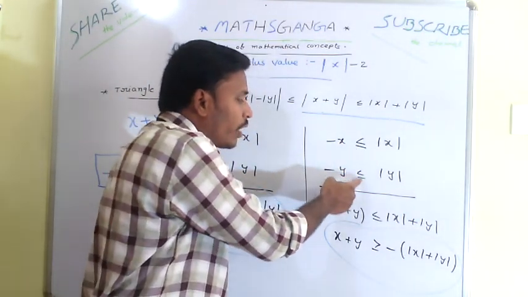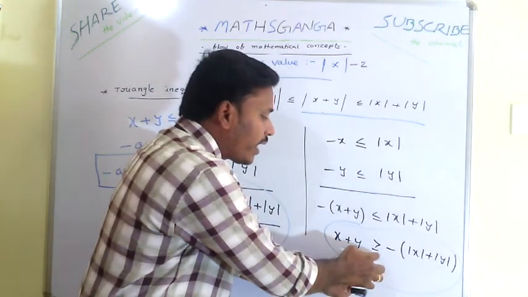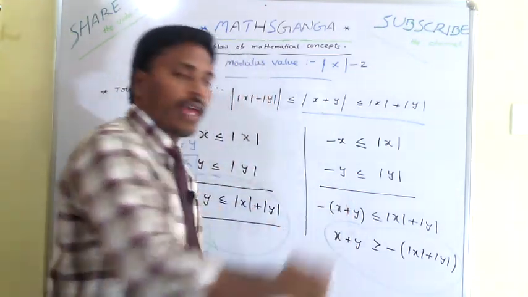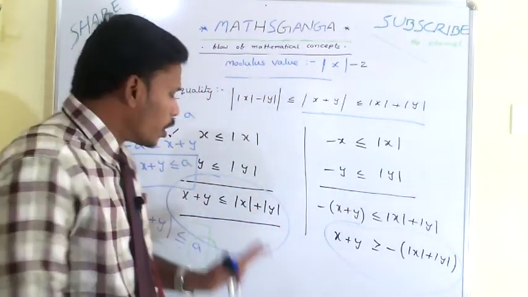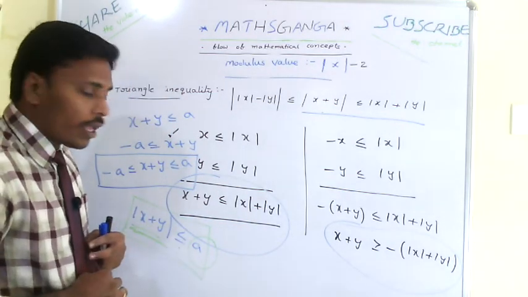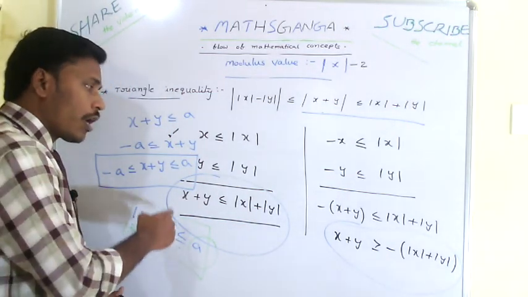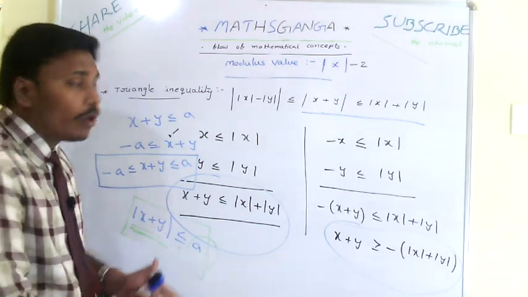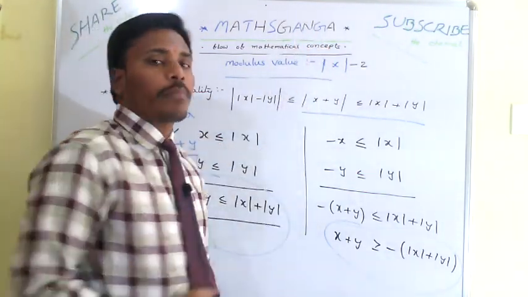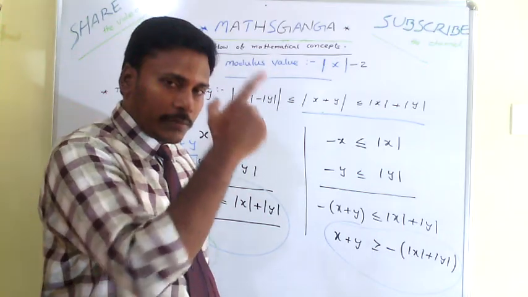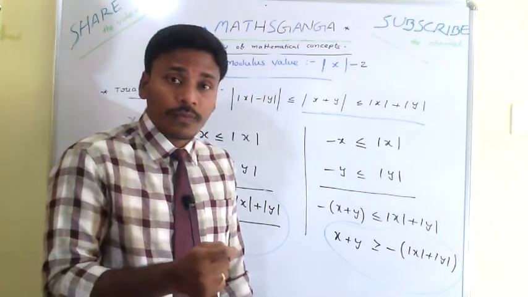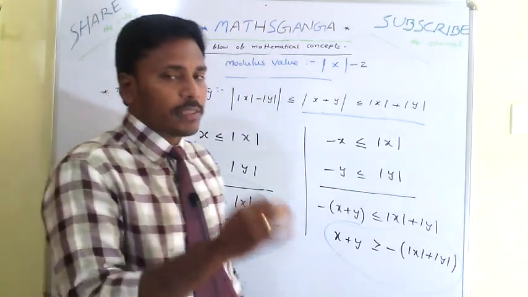Here also if y is negative, then the equality holds. Here also we will get the equality sign if both x and y are negative. So finally what we conclude is, if both x and y are positive or both x and y are negative, we have the equality sign in the second part of the modulus function. That magical logic is very useful in solving so many problems in a simple manner.